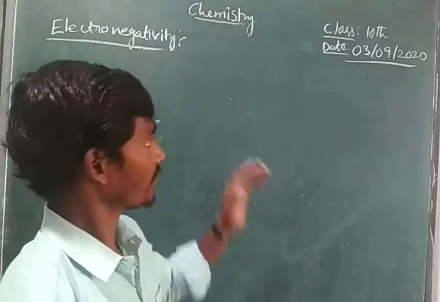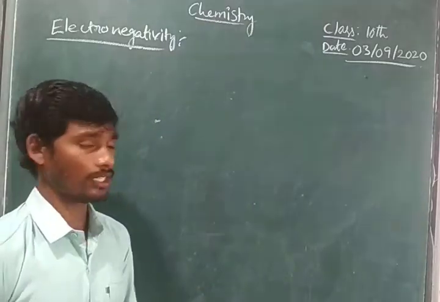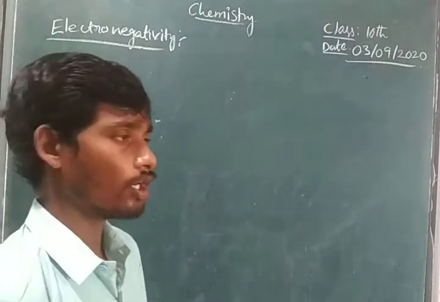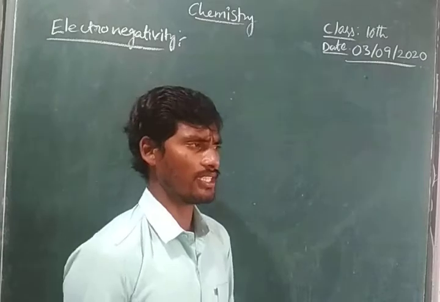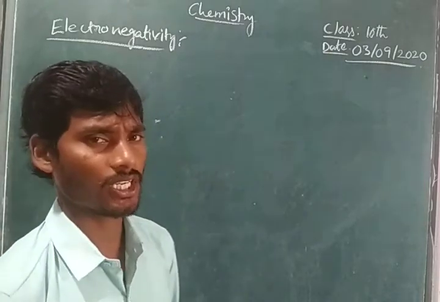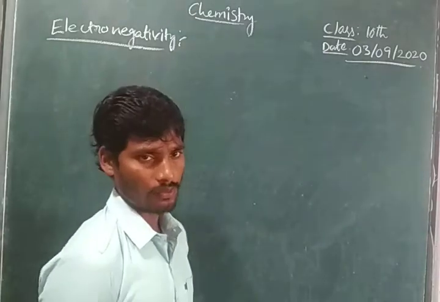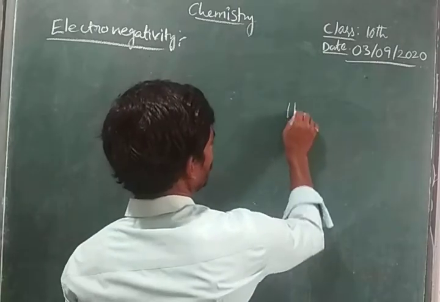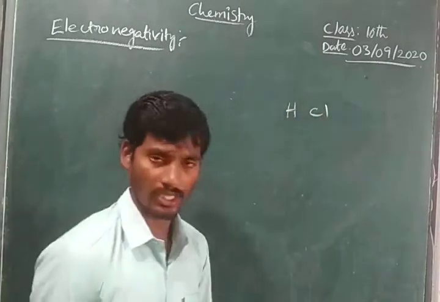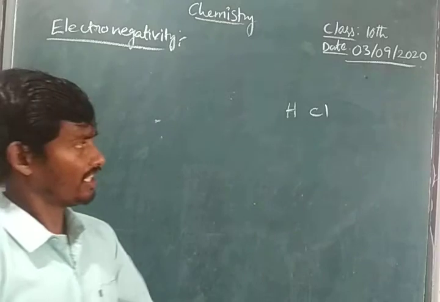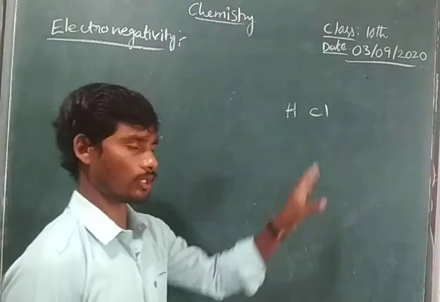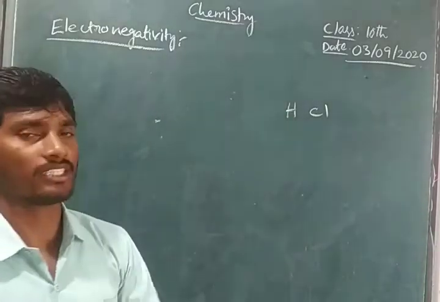See children, in case of electronegativity, there is a small point. Suppose we take a molecule like HCl, hydrochloric acid. Compare hydrogen and chlorine: chlorine has a larger atomic size than hydrogen.